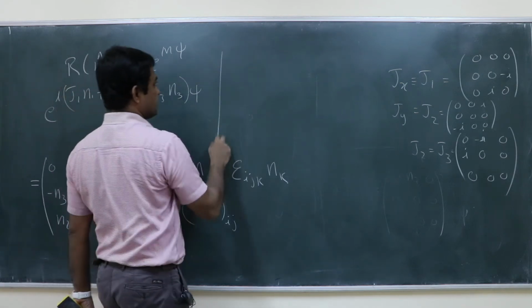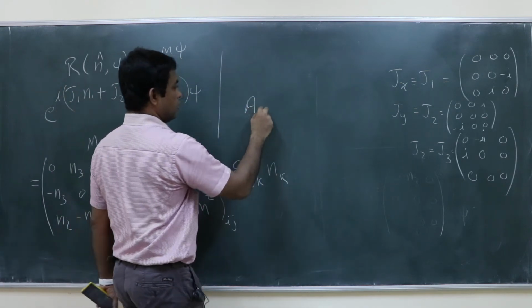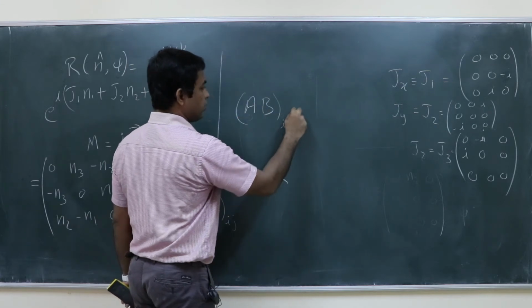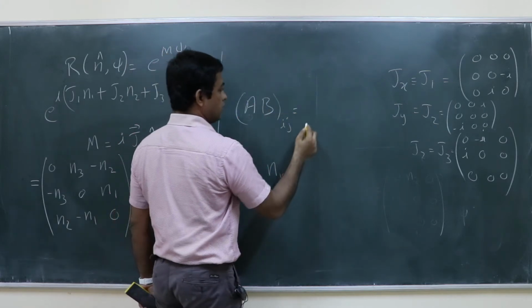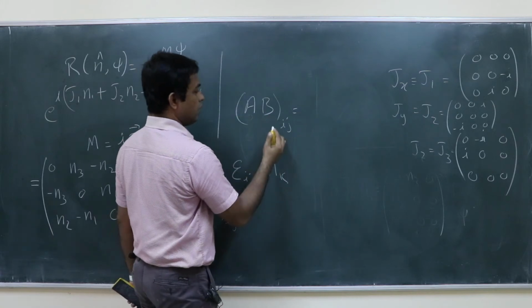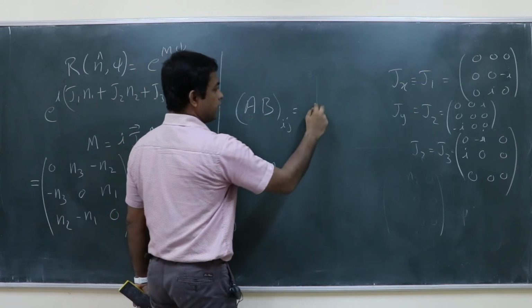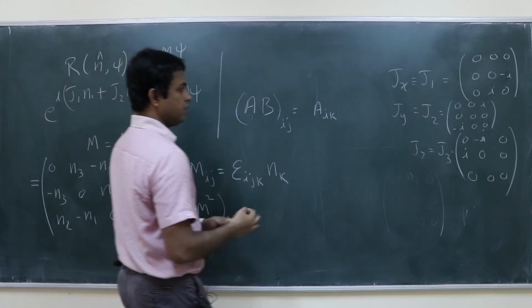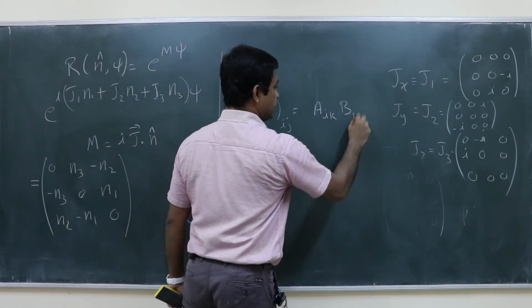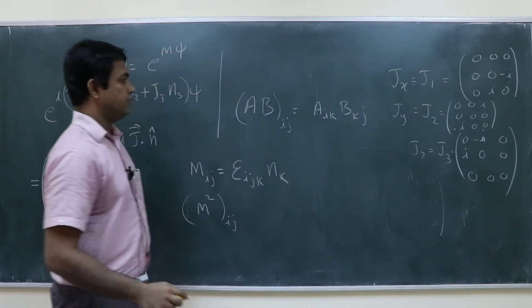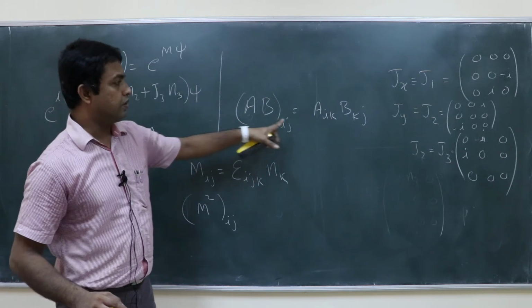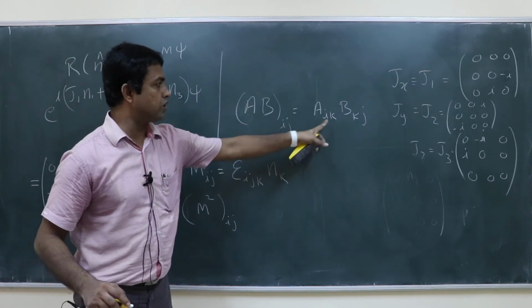So two matrices, if you multiply, the ijth component will be equal to a ik b kj, right? So this is the ijth component of the matrix A into B, there is a summation over k.